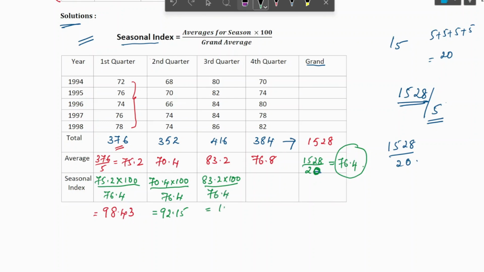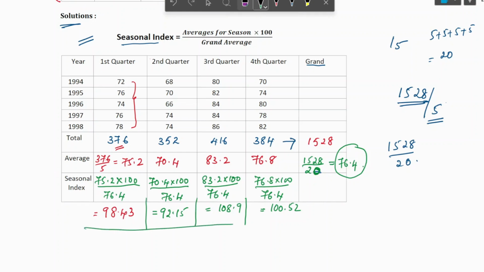The answer is 108.9. The last one, 76.8 into 100 whole divided by 76.4. The answer is 100.52. That means this is your seasonal index for each and every quarter.